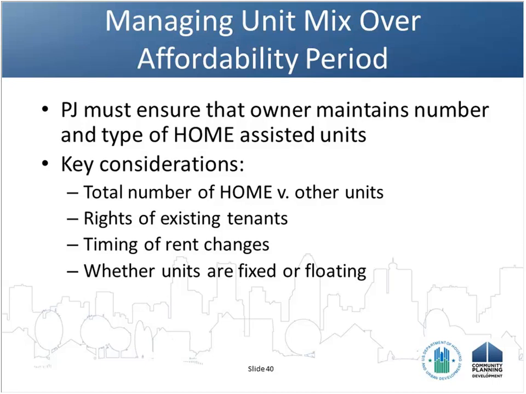We talked about this breakout between high and low HOME units, which may be required on these. We need to make sure that those leases are protecting the rights of the existing tenants. We'll also be talking tomorrow about the student rule, about VAWA, Violence Against Women Act, which applies in some ways on protecting rights of tenants.